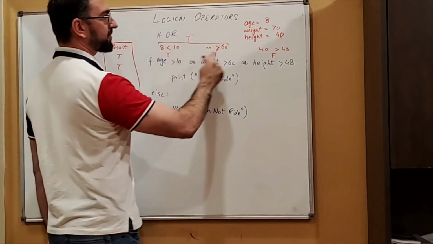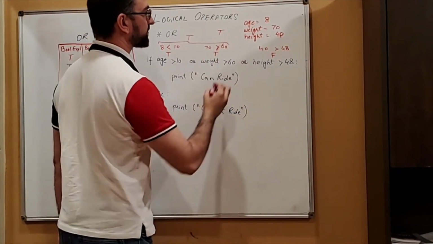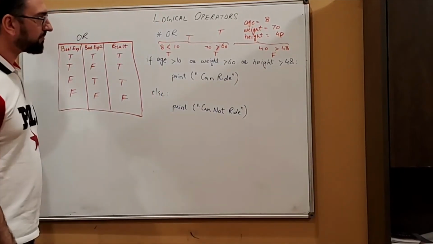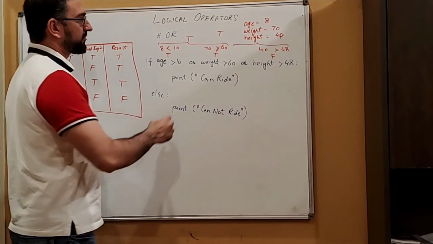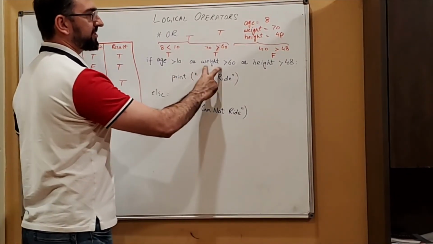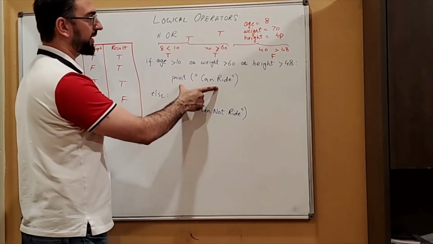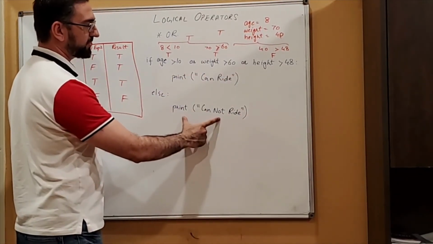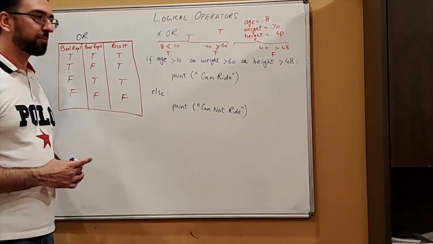So the result of this whole expression will evaluate to true. All right. So this tells us that if any of these conditions is met, it will allow the rider to ride the roller coaster. And if none of the conditions is met, it will eventually say cannot ride. And these are the properties of the OR operator.